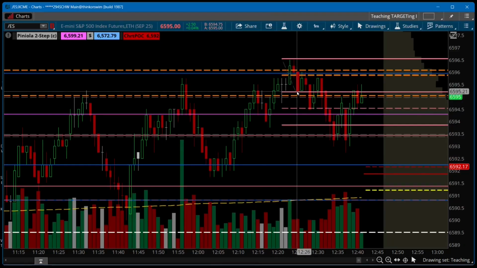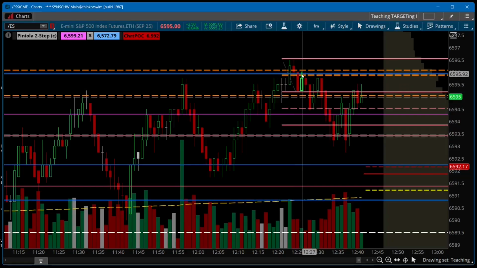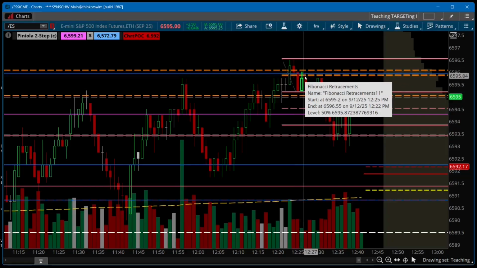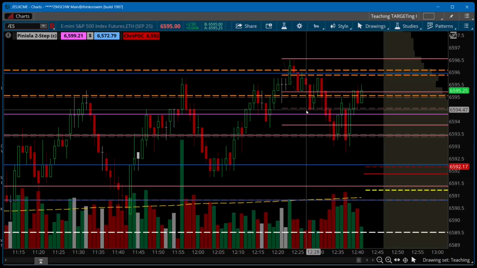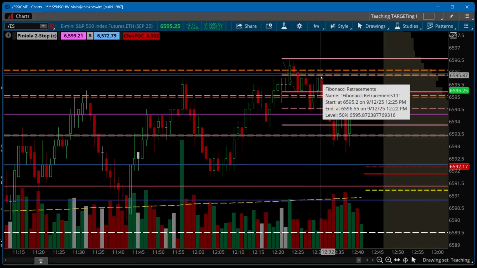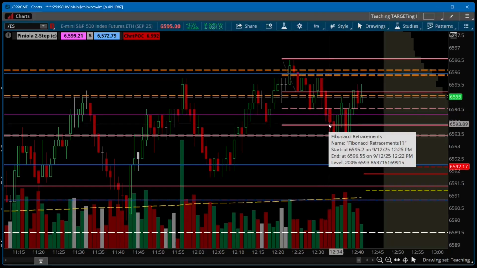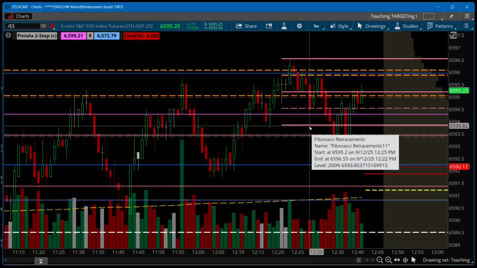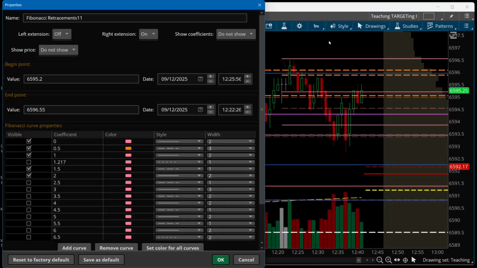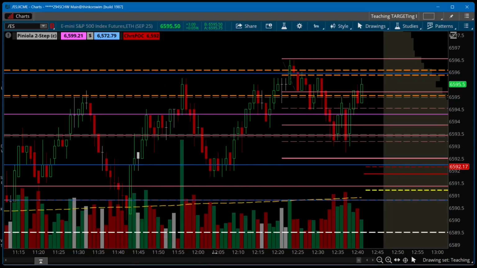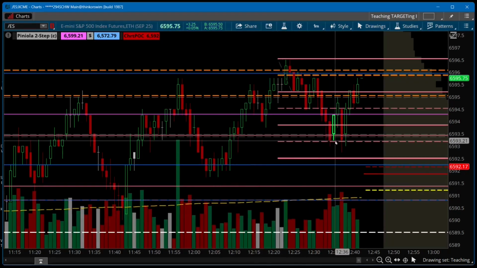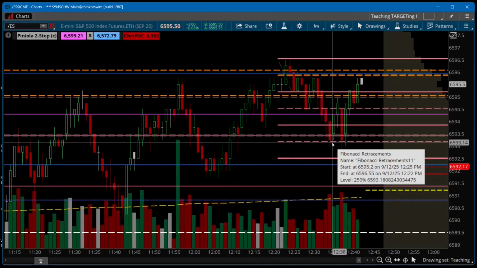Okay, so we've got the first move off the top, came back up, broke above a little bit, came down to the 1.5, came back up to the half, went down to the 2. Let's see, go to 2.5. Yeah, the 2.5 kind of held it.